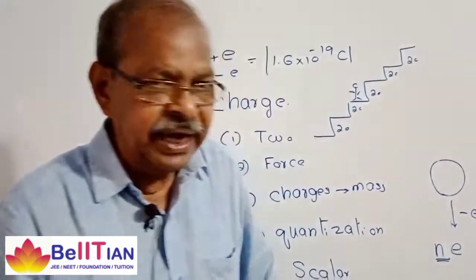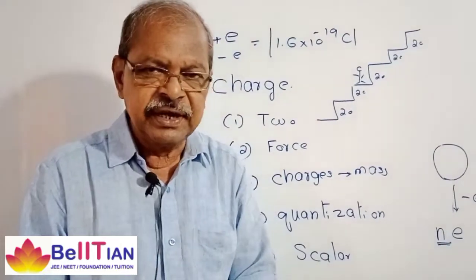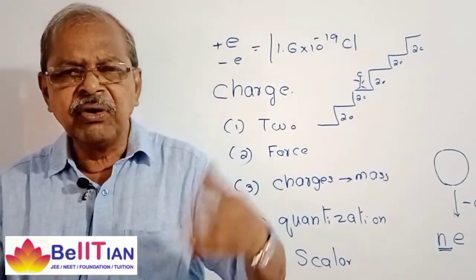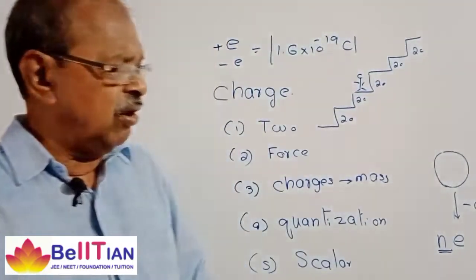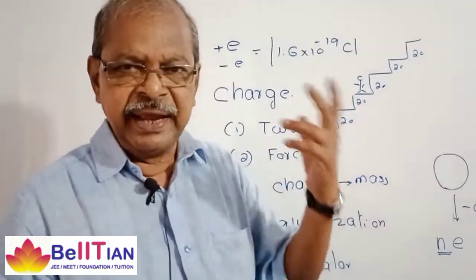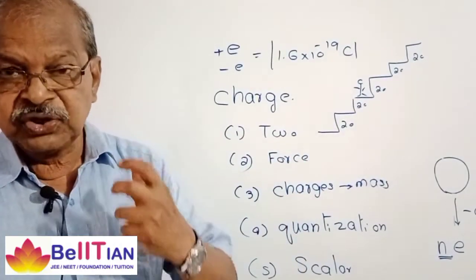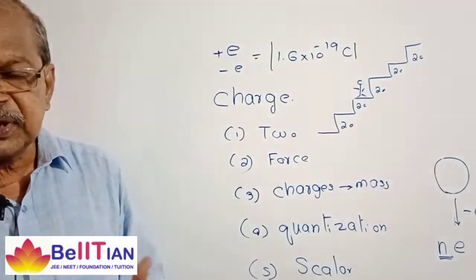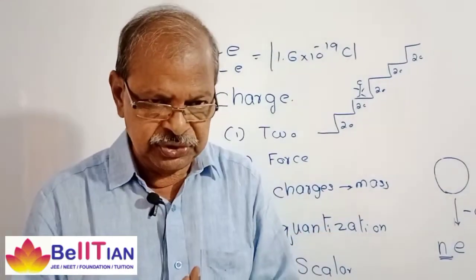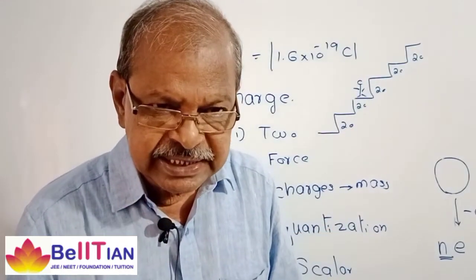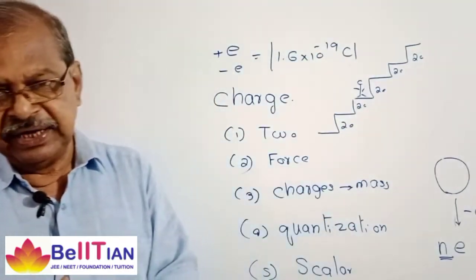Now, this universe consists of a large number of objects, and all these objects are made using building blocks of atoms, and atoms contain protons and electrons, where protons are positively charged and electrons are negatively charged.